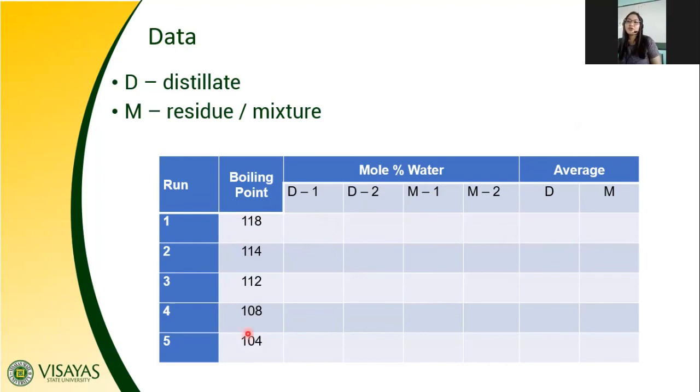You will plot the boiling point against the average composition of the water and the acetic acid. So you can create those tie lines, the two tie lines that we saw from the previous slides. That is our exercise number 5, the distillation of binary liquids.